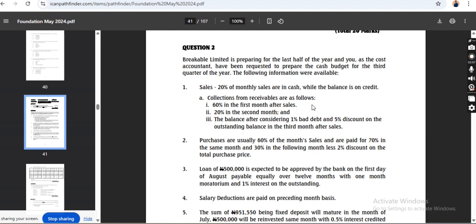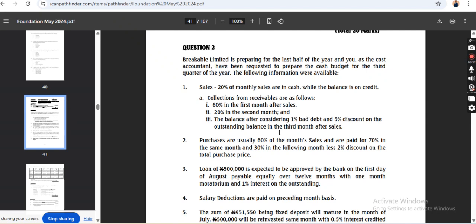Collection from receivables are as follows: 60% in the first month after sales, 20% in the second month, right? The second month should be 60 days, and the first month should be 30 days. That is the technicality I want you to understand.